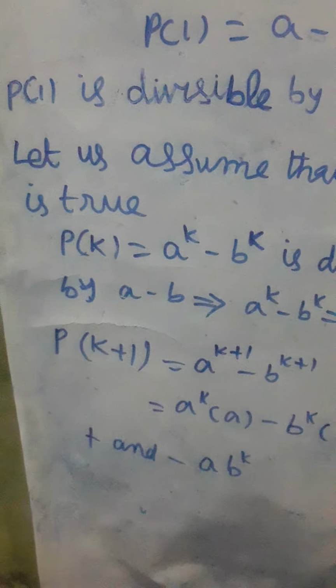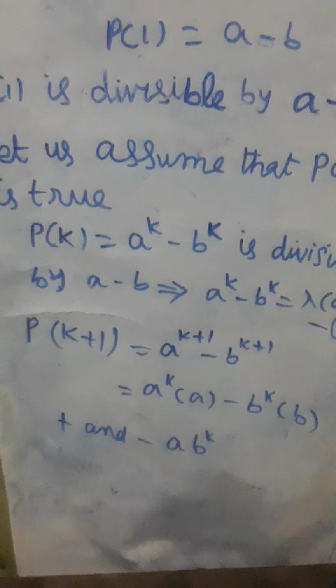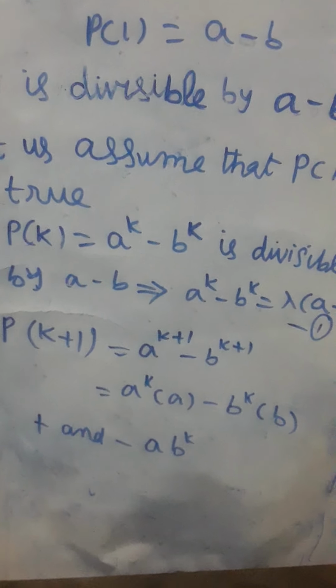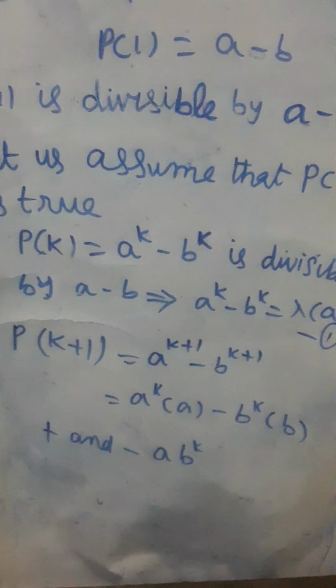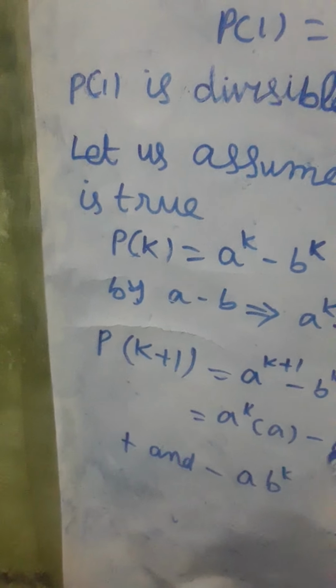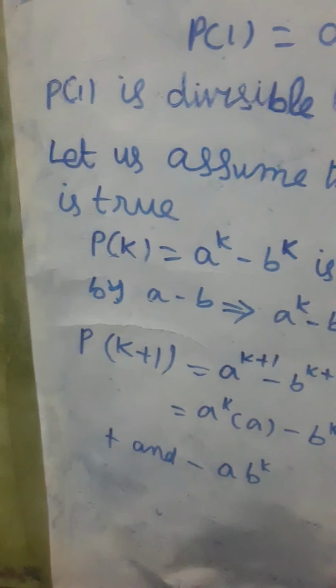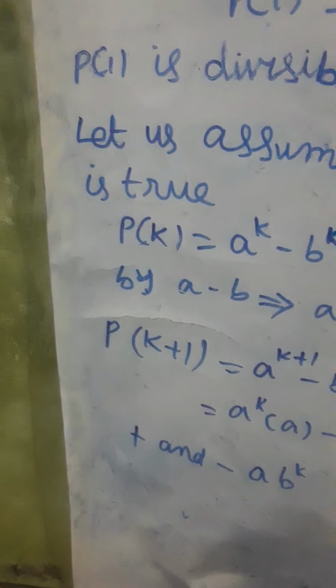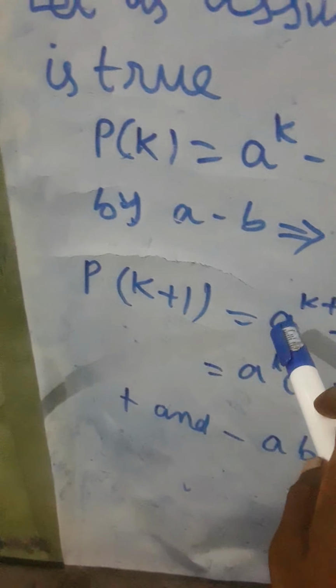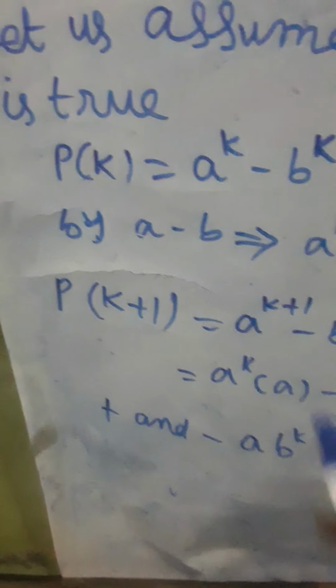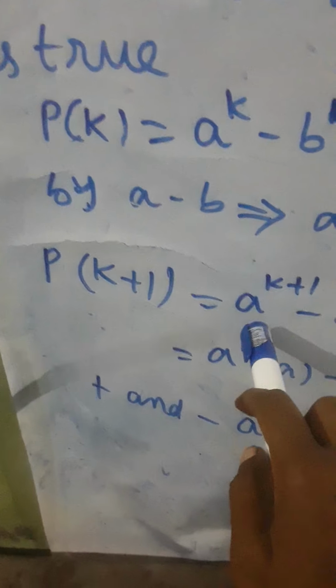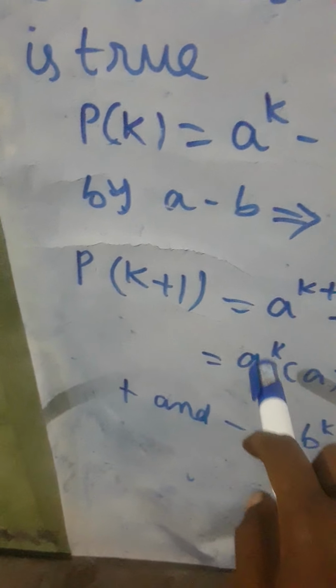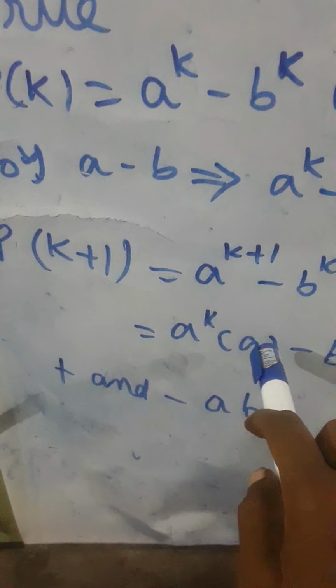Now we have to prove p of k plus 1 is true. P of k plus 1 equals a power k plus 1 minus b power k plus 1. By the power rule, a power k plus 1 can be written as a power k into a power 1.